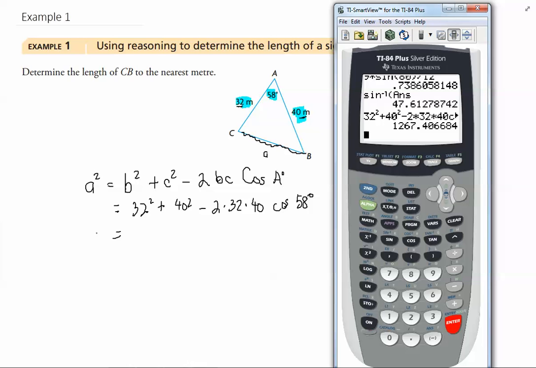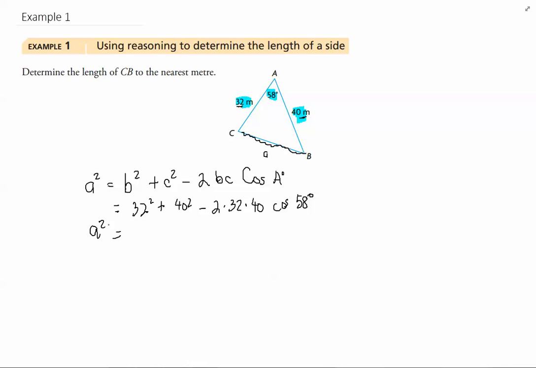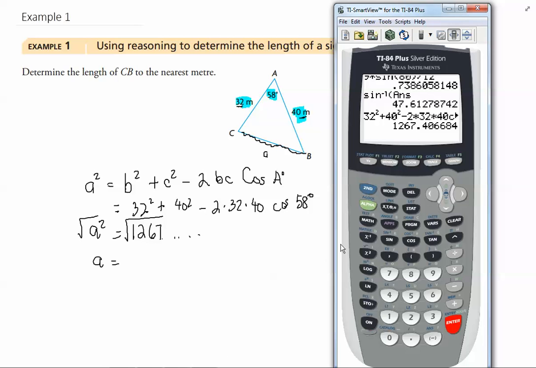We have 1267, so a squared is equal to 1267 and some decimal points. Remember that we want to get a, not a squared. We have to square root a squared to get a, so we have to square root that 1267.